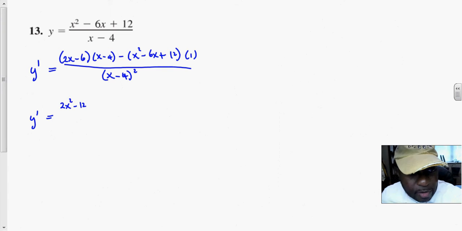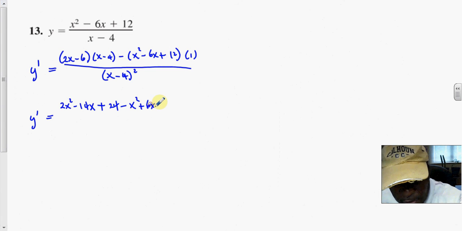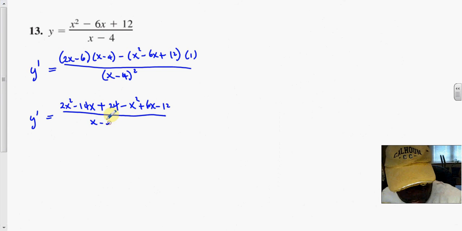Go ahead and just put that in there. So this is minus 8 minus 6x minus 14x. Then this is plus 24 minus x squared plus 6x minus 12, all over (x minus 4) squared.